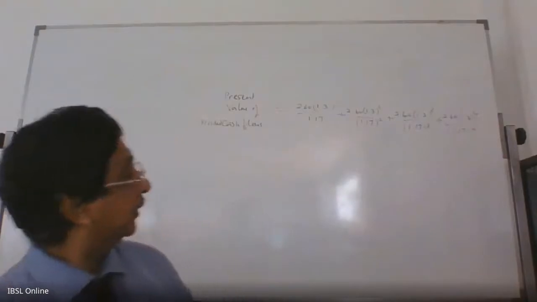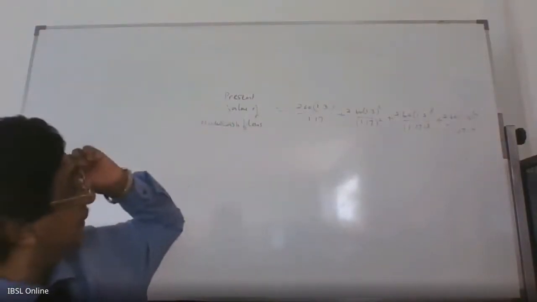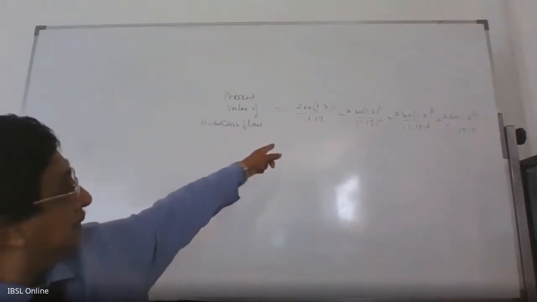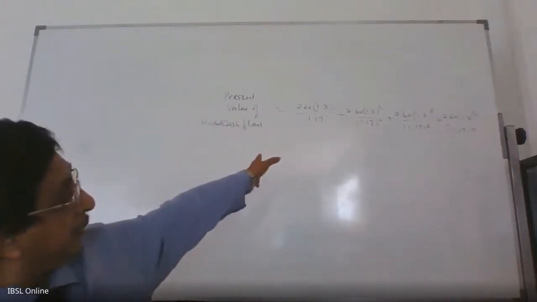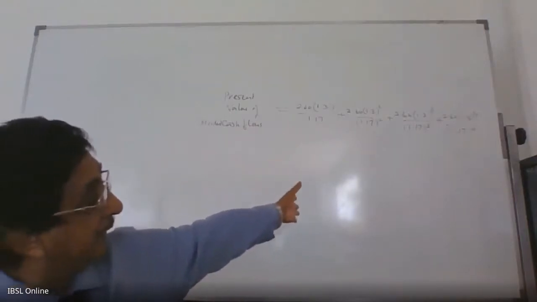Now you can just see the first 4 years cash flows. And when you work it out, you get that, and you have to add here at the end of the 4th year.